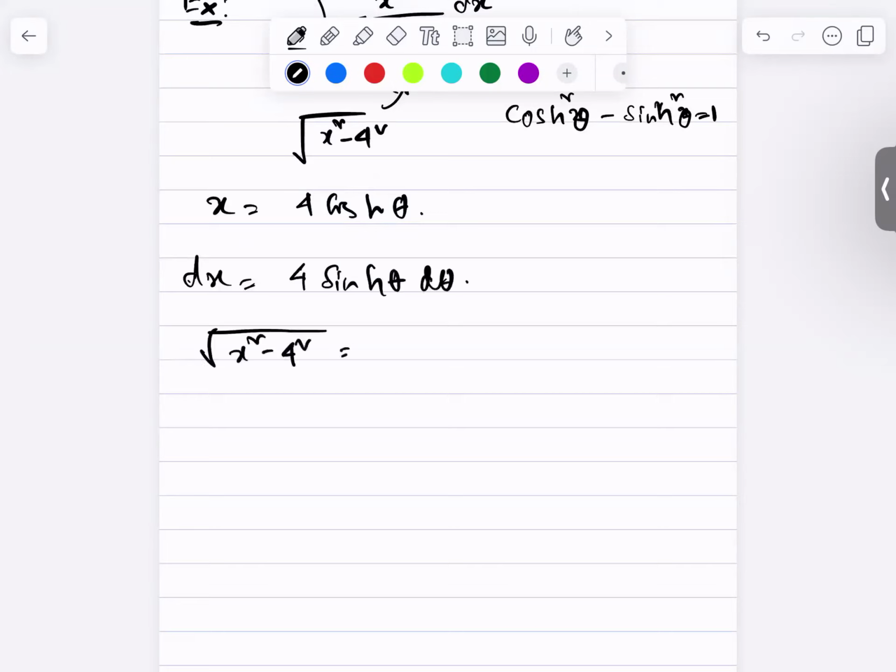and the square root of x square minus 4 square will be just the square root of 4 square cosine hyperbolic square theta minus 4 square. And basically this is just 4 sine hyperbolic theta.